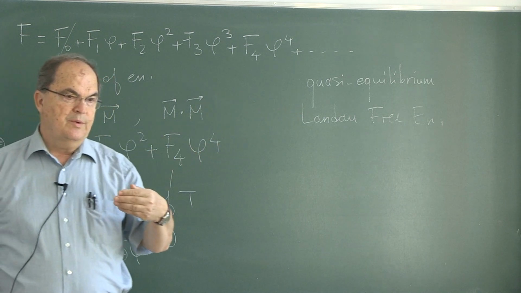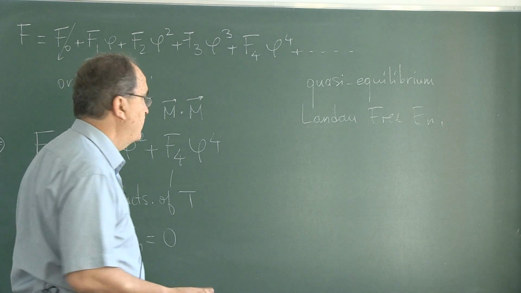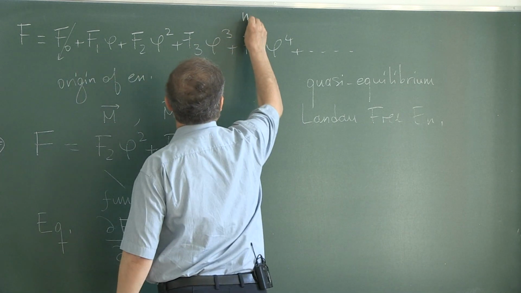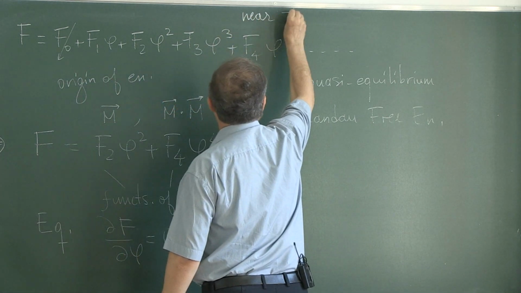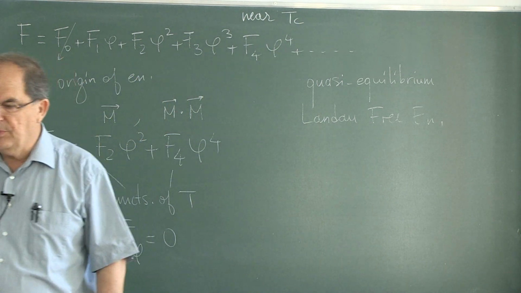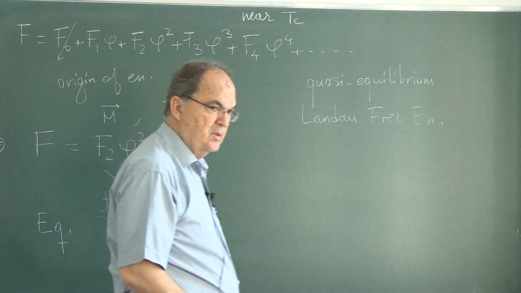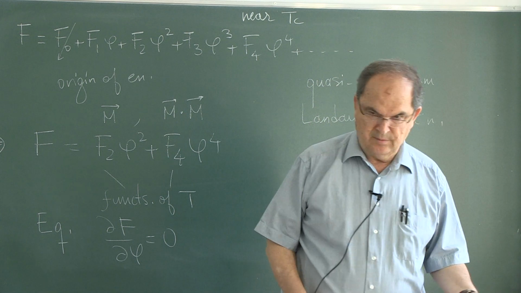Because we are expanding near the critical temperature. And near the critical temperature, the order parameter is small, isn't it? Higher powers are even smaller, so you can omit them.